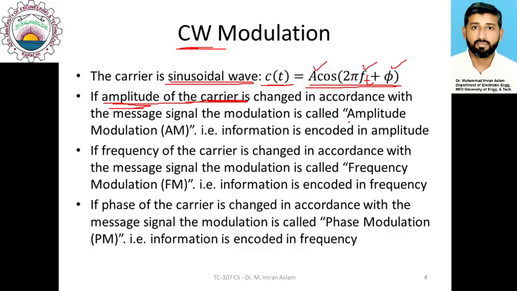So this type of modulation scheme is called amplitude modulation, because we are using the amplitude of the carrier to represent the information. In other words, the information is actually encoded in the amplitude of the carrier. So in order to recover the information, we have to look at the amplitude of the carrier signal which is received at the receiver side.